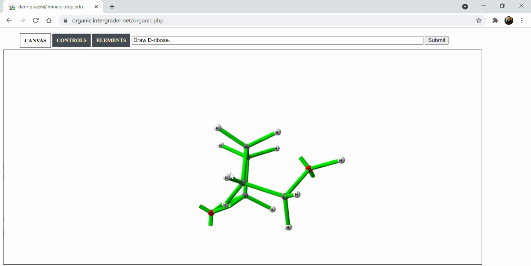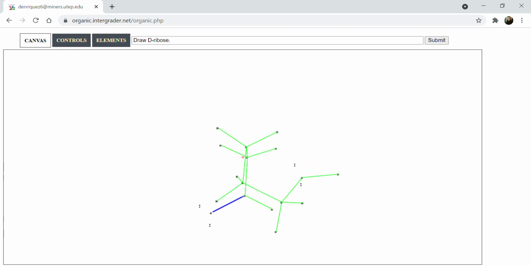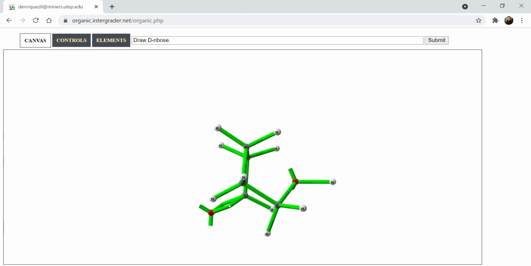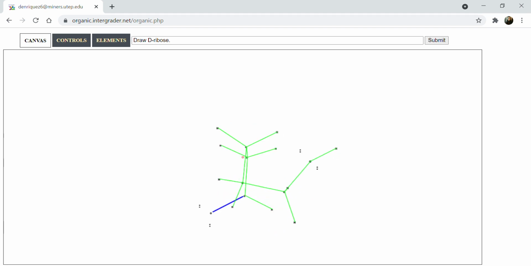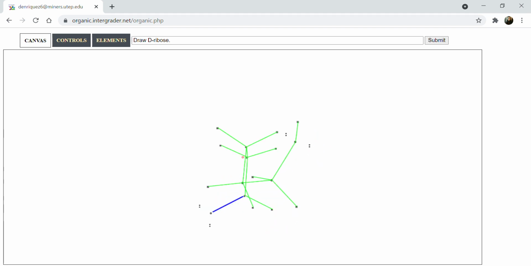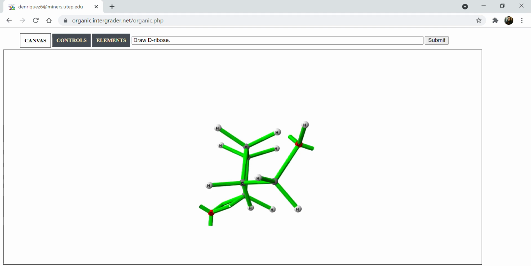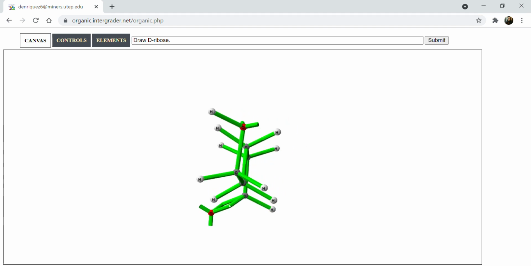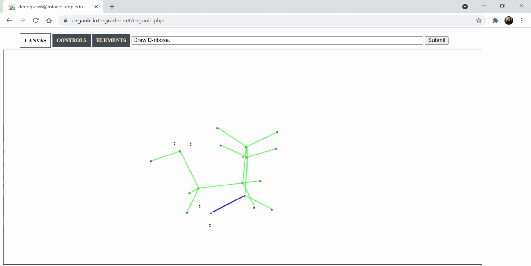I don't know where it goes. It wants to twist everywhere except for where I want it to twist. Come on, just twist.